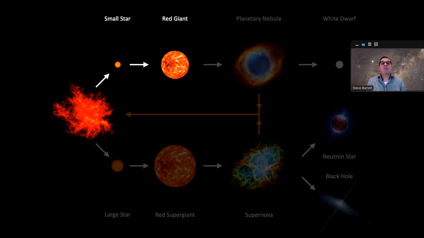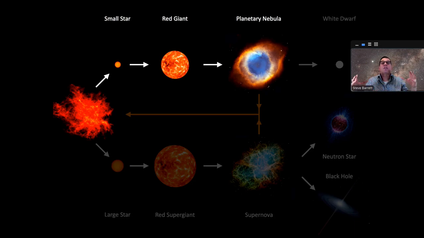If the star doesn't have that much mass, it doesn't have enough gravity to hold on to that outer atmosphere, and the outer atmosphere can be lost into interstellar space. We call that envelope that's been lost into space a planetary nebula. Not to be confused with planets in any way, that's just an anachronistic name based on when people first saw these objects; they were confused with planetary disks in the sky. So a planetary nebula is effectively a dead star in the sense that it's the star that's lost its outer atmosphere.